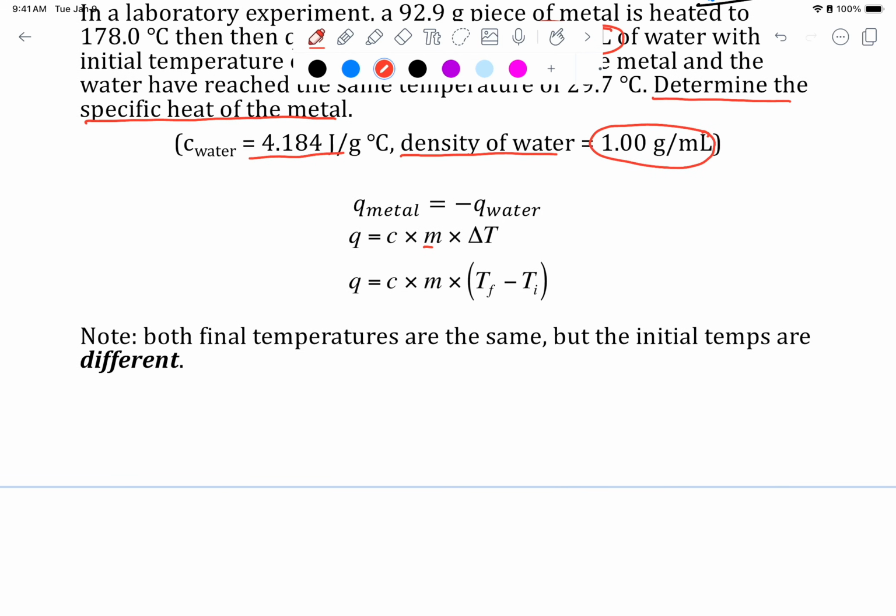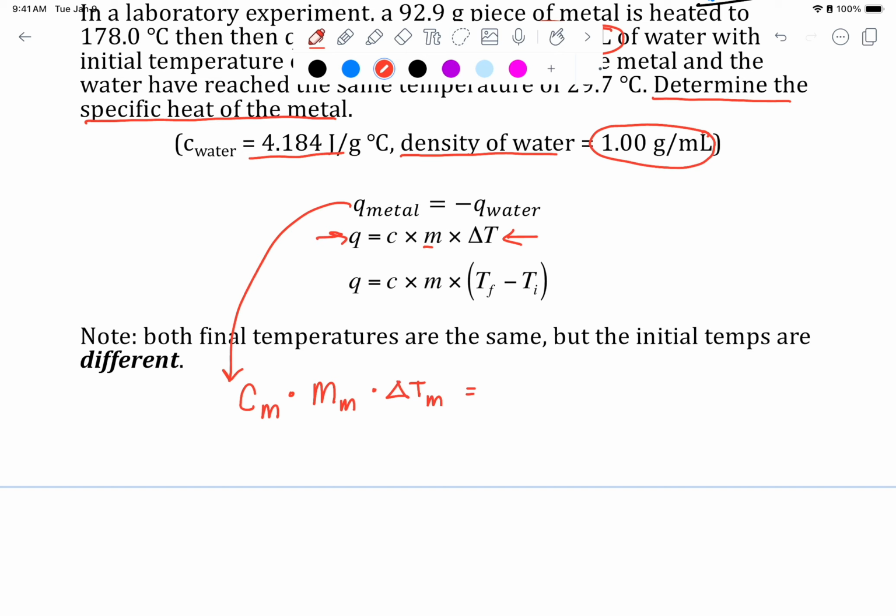So if we really think about this, Q of the metal is C of the metal times the mass of the metal times the change in the temperature of the metal. Because Q is equal to Cm delta T. So I have Cm delta T, that's Q of the metal. That's the same thing that I wrote here.